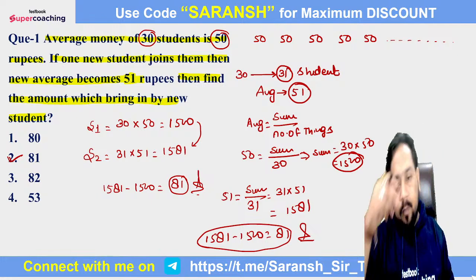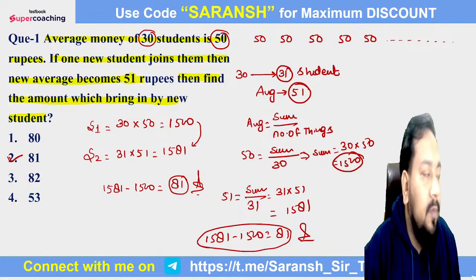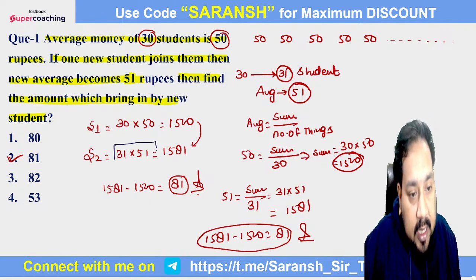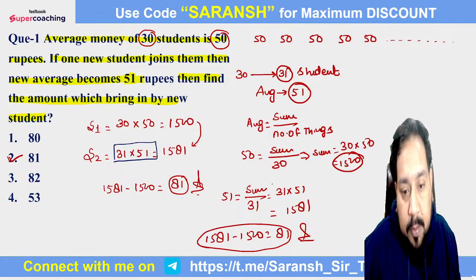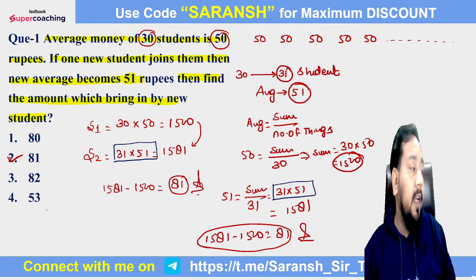Yes or no? Okay. Now it is also taking time. What will take time? This calculation, this multiplication, will take the time. Or, no sir, we have an idea to do that.